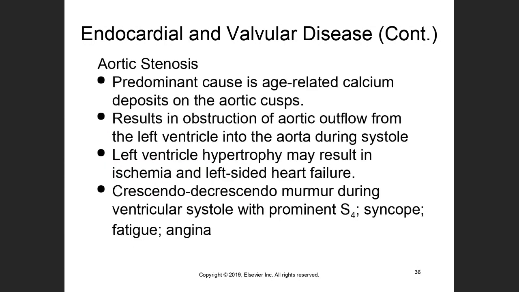Aortic stenosis. Aortic stenosis is a really bad condition. That means that the aortic valve can't open properly. It could be because of calcification. When you have calcification on the aorta, that's common in elderly patients.